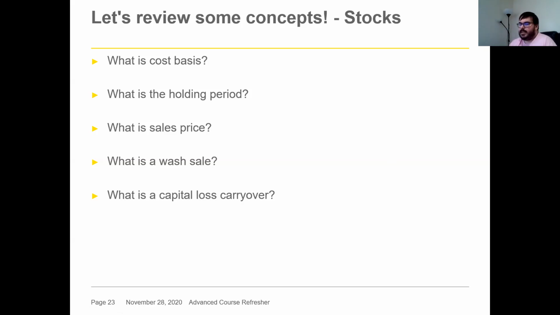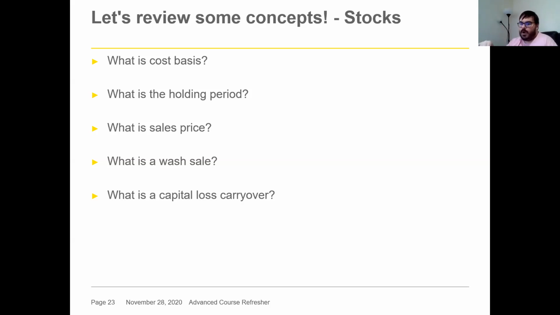A wash sale is when you buy stocks. Let's say I bought General Electric stock, and I sold it for a loss within a short period, just to trigger that loss, and then immediately within a couple of days I buy the same stock again.